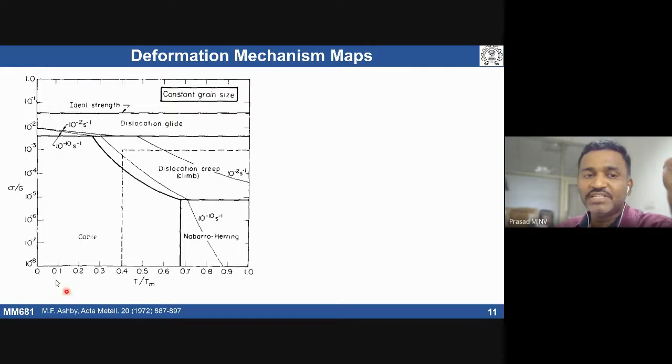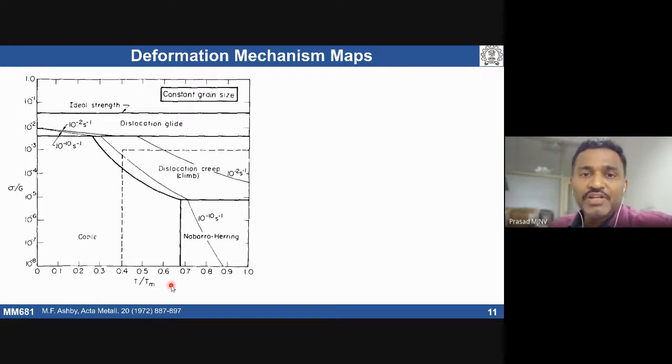So he came up with a map to represent various mechanisms, and the domains of the mechanisms have been identified by constructing a map of sigma by G versus T by Tm. It became very popular. People use this left and right.